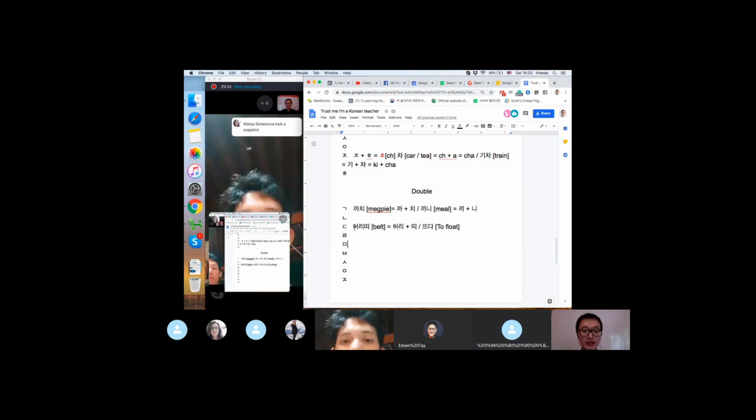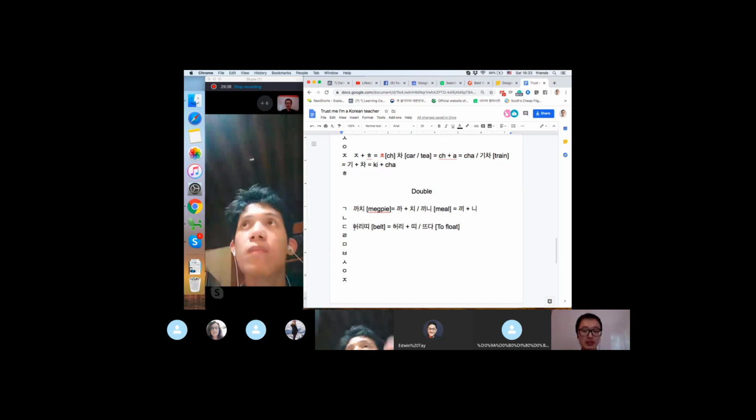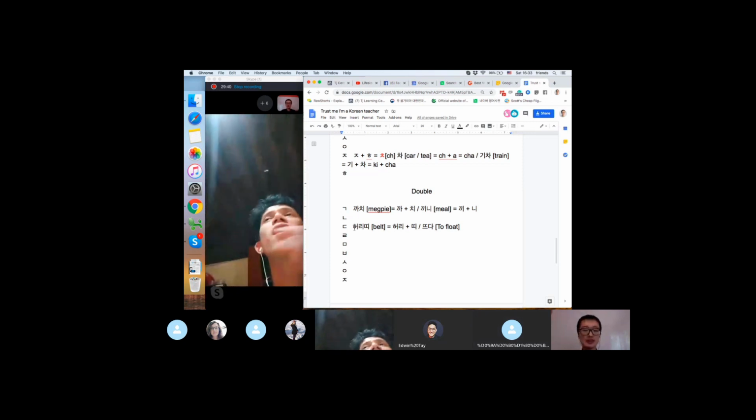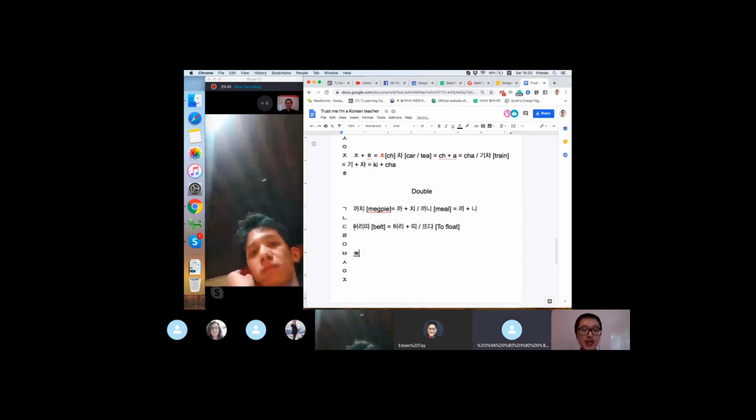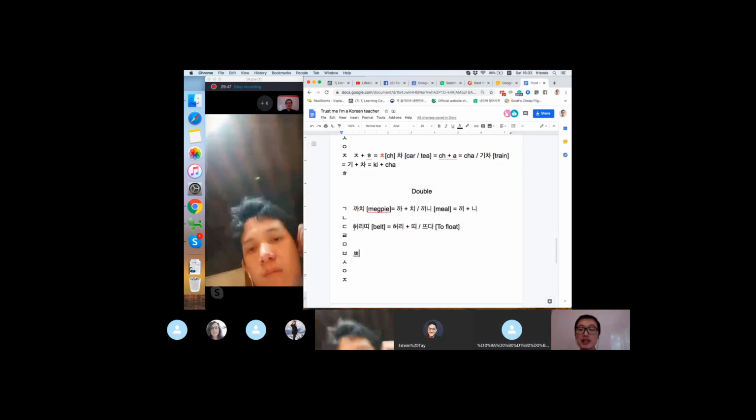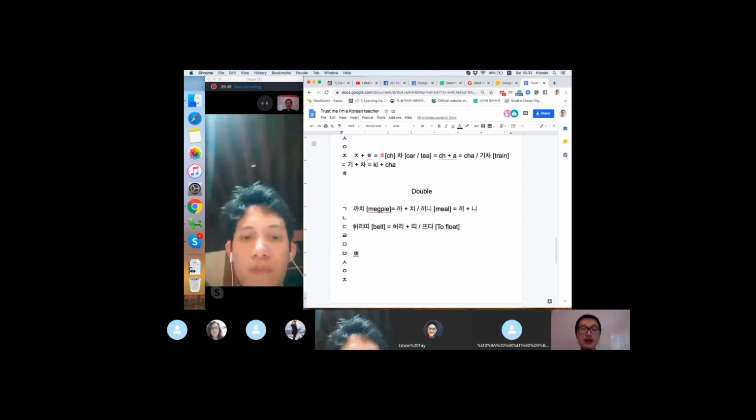So, Lear and Mium, they don't have a double consonant. Ear has it. So, the double consonant of beer looks like this. And the name is sang beer. And the sound is, again, high note.